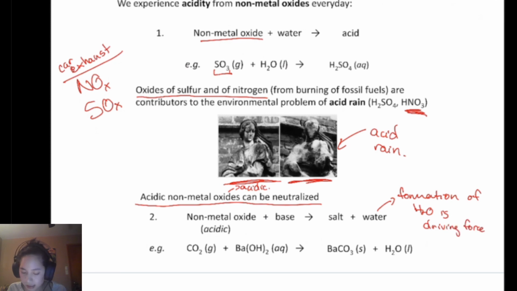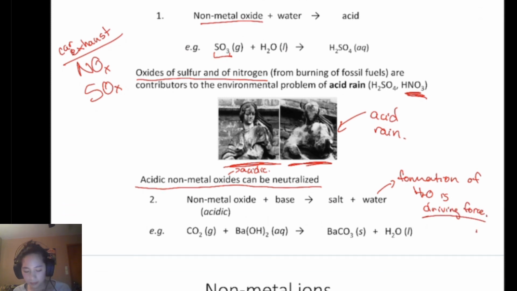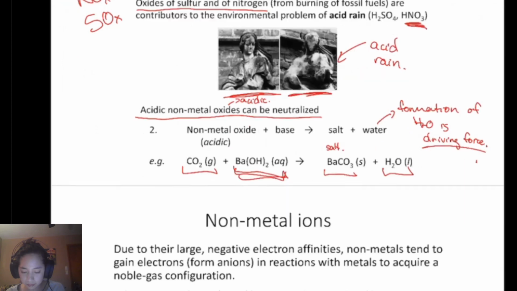Here is an example where we have a non-metal oxide, CO2, and we can combine it with any type of base. Here the example is barium hydroxide, but we could use sodium hydroxide, whatever strong base you want, and we produce barium carbonate and water. Barium carbonate is our salt, and water is our driving force. But again, you could use any type of strong base that you want for this reaction to occur.